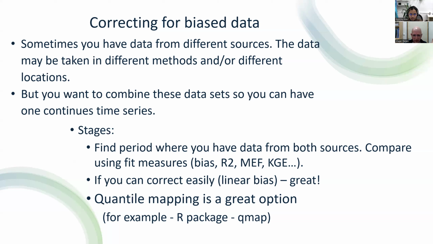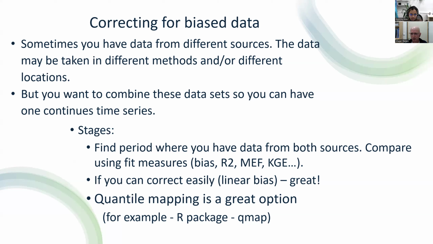And look at the data. If you can correct it easily, like a linear bias, that's great. That's the easiest way. Okay, we have only a constant bias between the two data sources. That's easy. But sometimes it's more complicated.